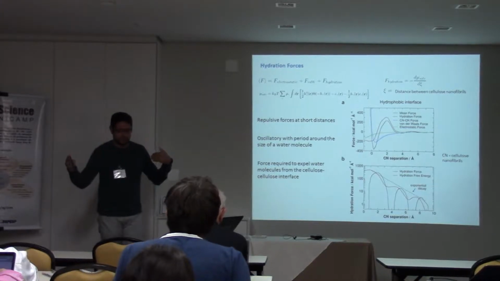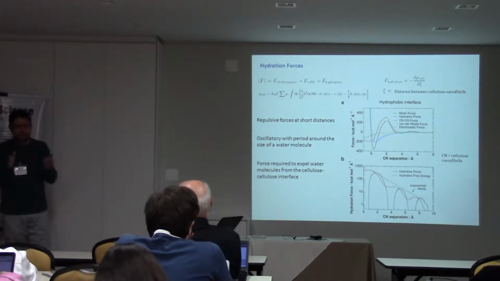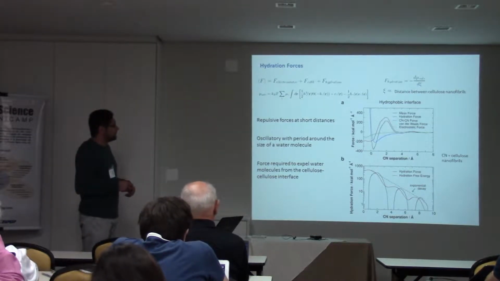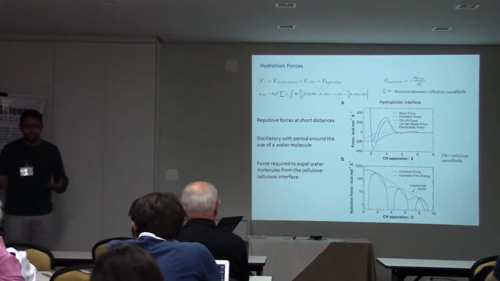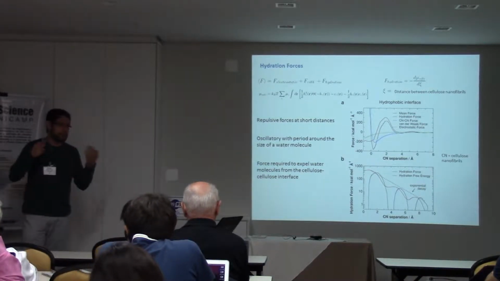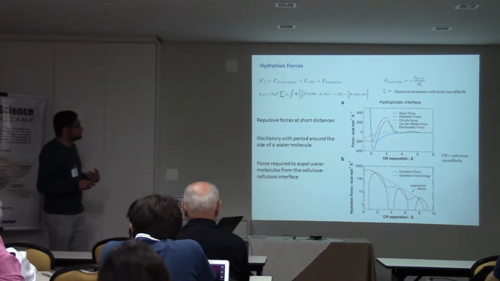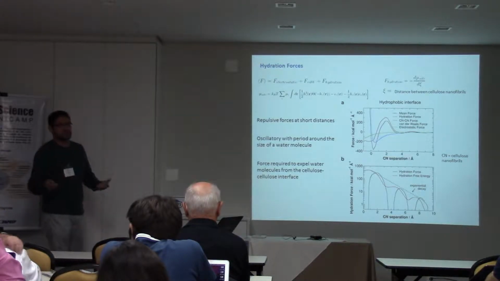That is the force required to expel solvent molecules as the cellulose fibers approach each other. And we see that this repulsive force comes just from the hydration force, which is the component of expelling water molecules from the interface. And the cellulose force, that's just mechanical force, is always attractive.